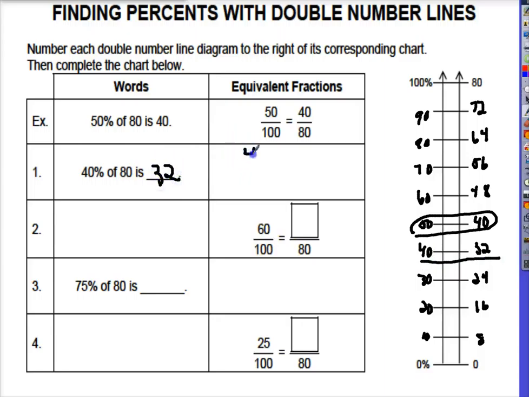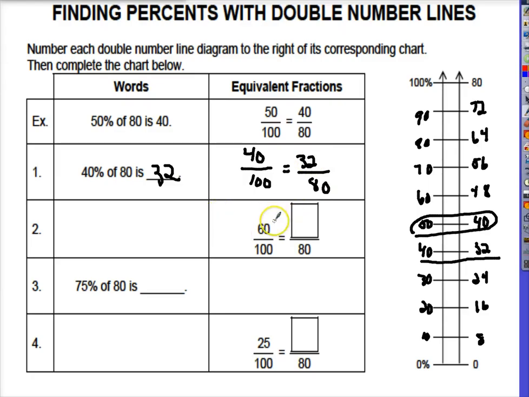And 40 100ths is 32 80ths. So 40% of 80 is 32. This is 40%. This is the full amount, 100%. This is the full amount, 80, and this is what 40% of 80 is.